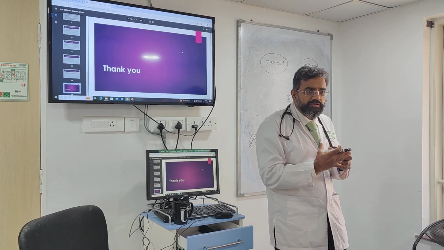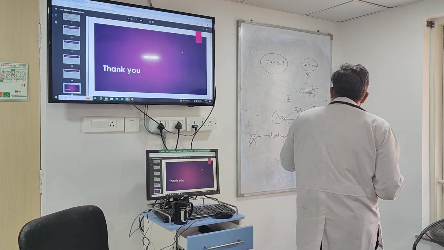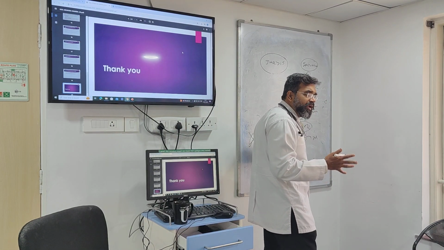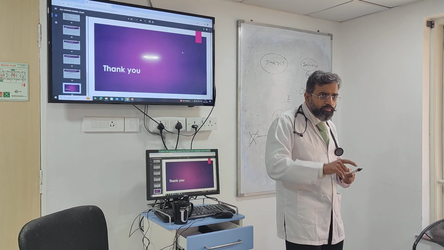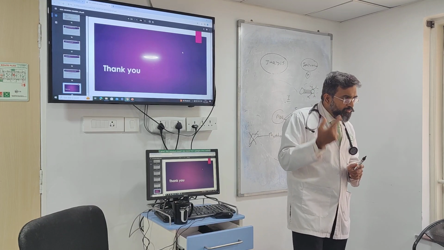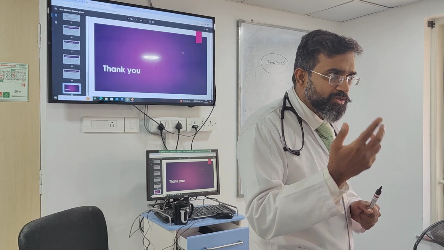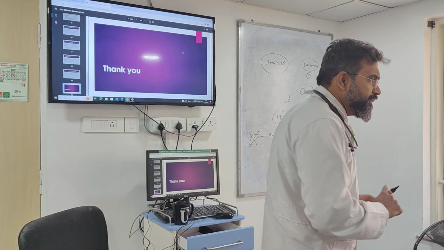We have a reduction in platelets. That means every patient should bleed. They don't bleed. Why? Because the adhesion molecules and von Willebrand factors are overexpressed because of cirrhosis. The mechanism is very clear.